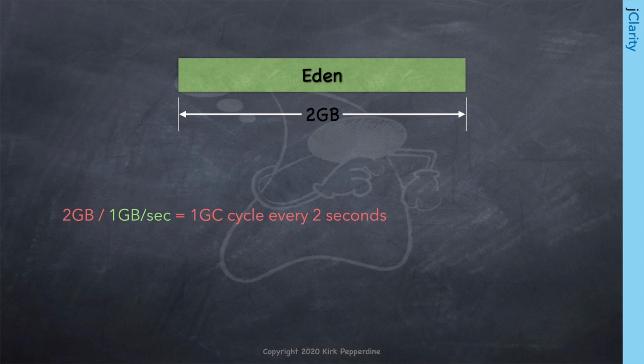The first is the allocation rate. That's the chicken. And if there's nothing I can do about the chicken, then I got to deal with the pig. And the pig is, I need to make Eden bigger.